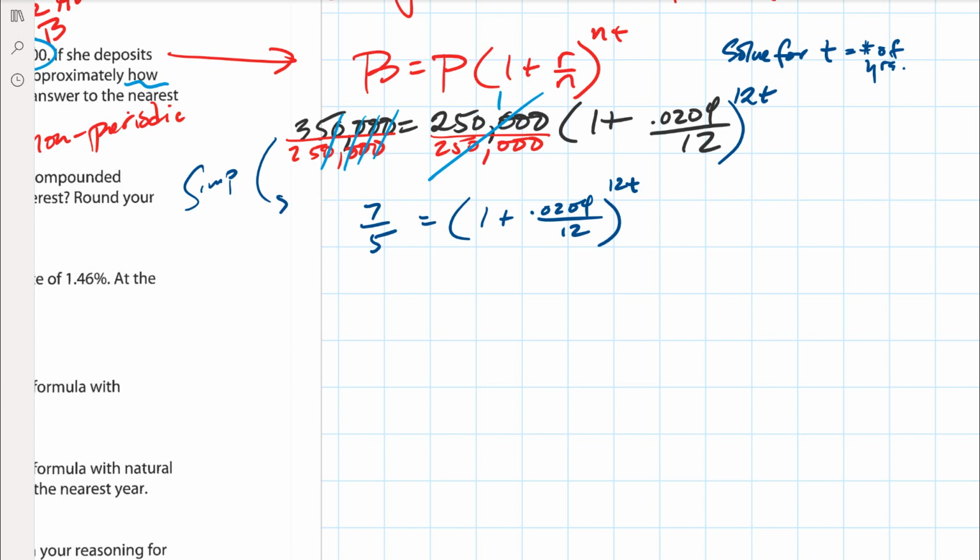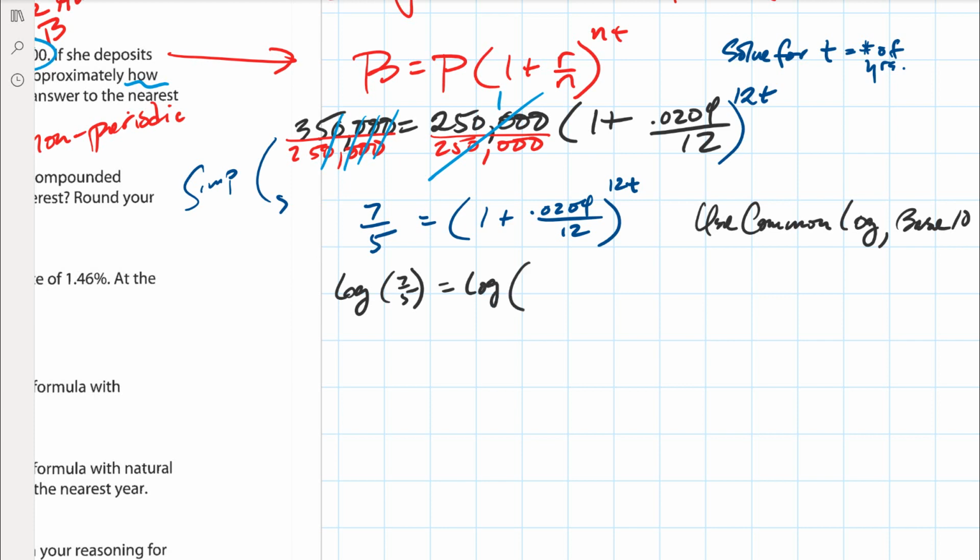Now, we could take the common log of both sides, or we can take the natural log of both sides. If we use the common log, which is base 10, this is how it goes. So let's take the log of the left side, which is 7/5. Take the log of the right side, which is (1 plus 0.0204 divided by 12) raised to the 12t power.